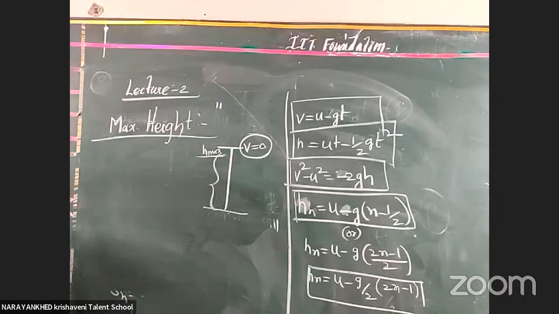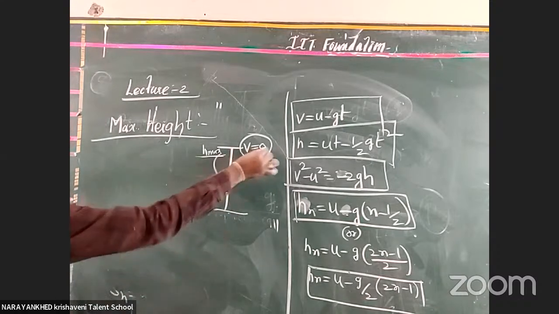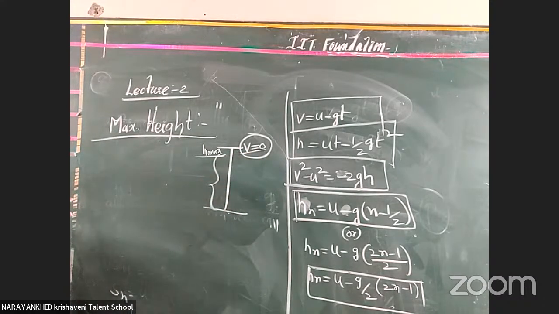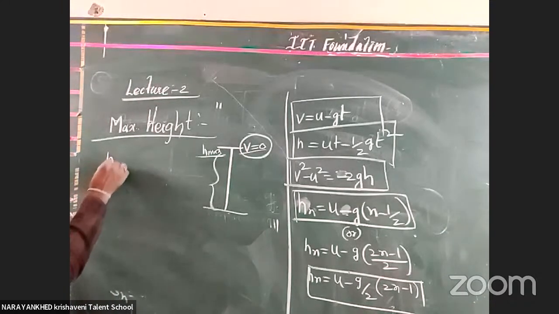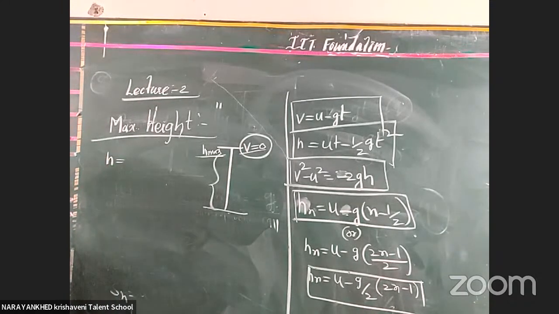Here h max is equal to what? H max is equal to, where the body travels a distance up to its max, its final velocity becomes 0. Where v is equal to 0, the distance traveled by the body is only called what? H max. Okay, clear or not? Now, what formula do you have to take here?